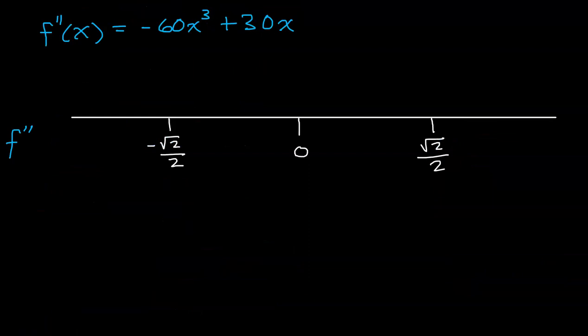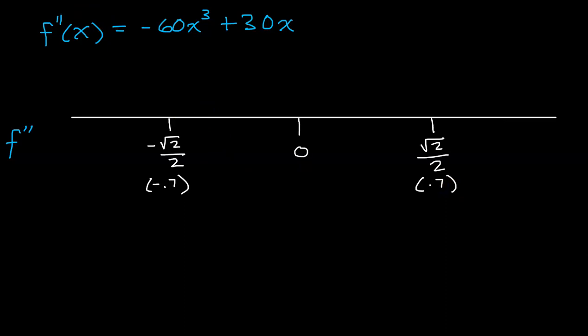As we use the second derivative test to determine concavity, keep in your mind that radical 2 over 2 is approximately 0.7. So this is about negative 0.7, and this is approximately positive 0.7. Just keep that in your mind.